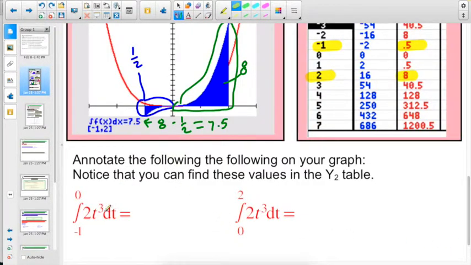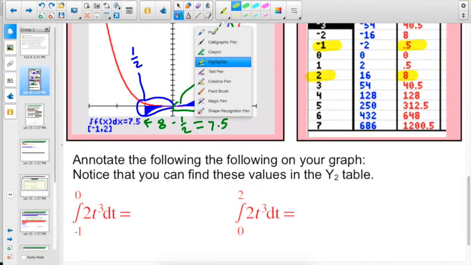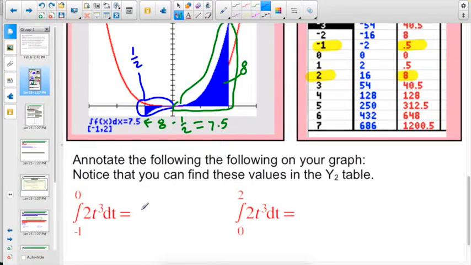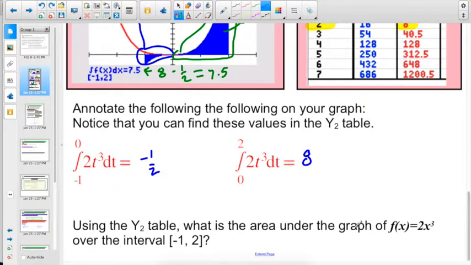So knowing that, if we go from -1 to 0, we know that this will give us a value of -1/2. And then when we go from 0 to 2, we're going to have a value of 8. We can see that right in the table, or we can see that using our calc int.